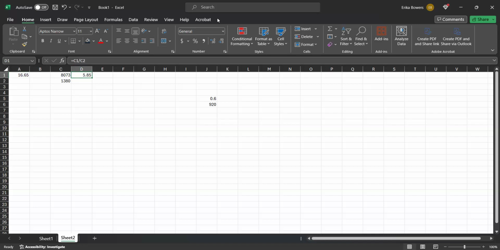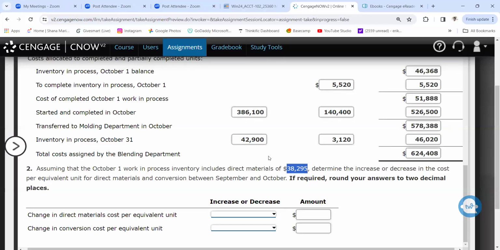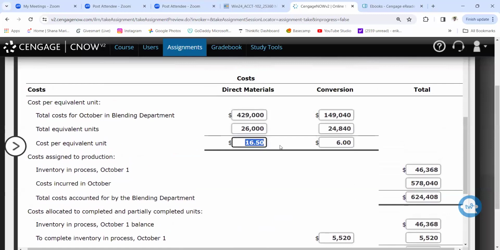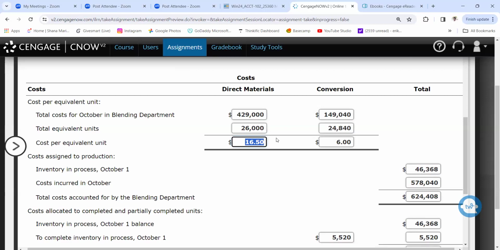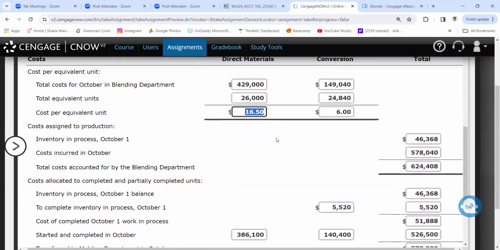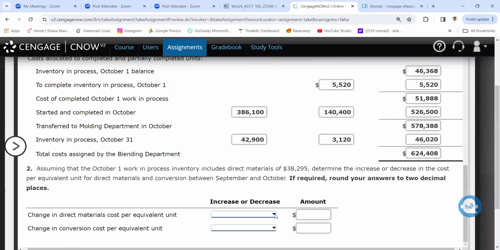Now we go back here. If this period was 16.50 and last period it was 16.65, that means it has decreased by how much?